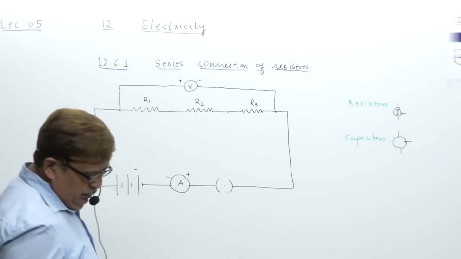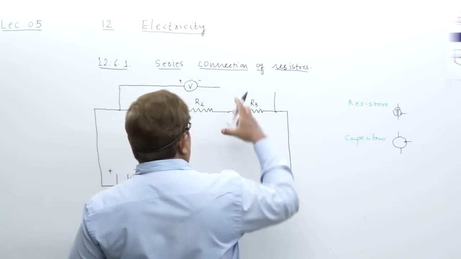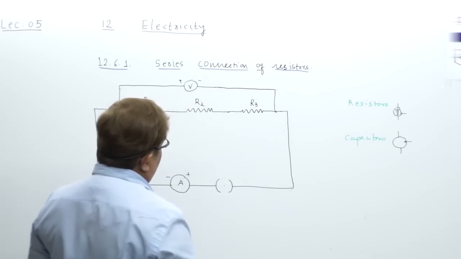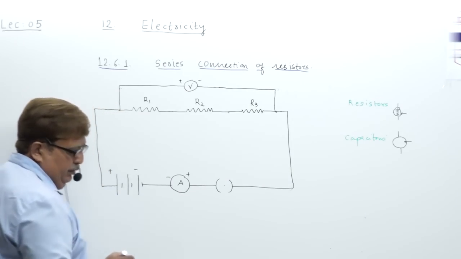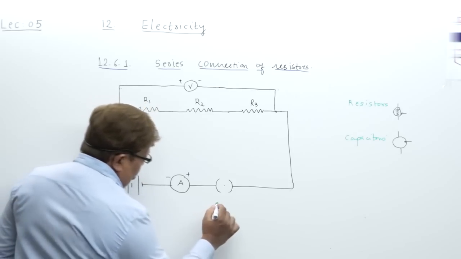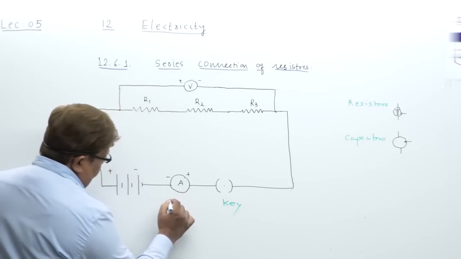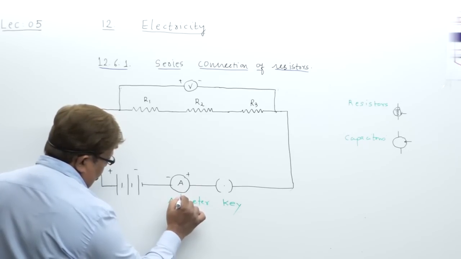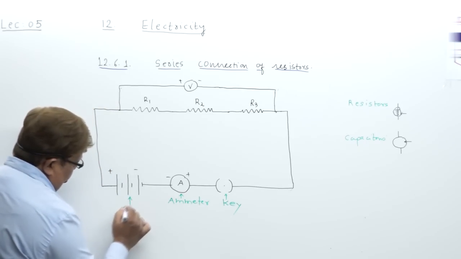My dear student, what we have shown here in the diagram, let us assess the components shown here in the electric circuit. Let us mention them. This is the key, this is the ammeter, and this is the battery actually.